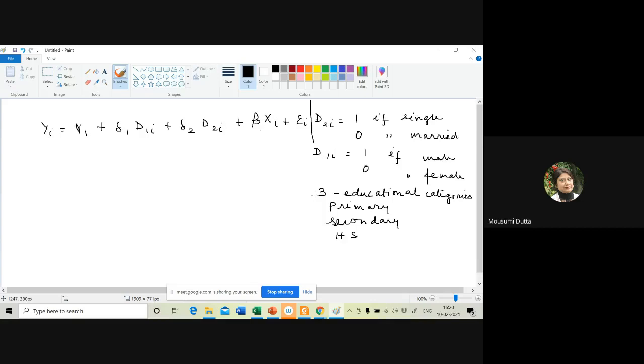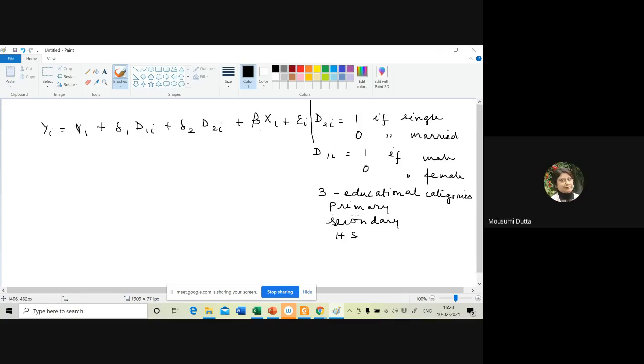Using binary dummies. First of all, for three educational categories, how many dummy variables will we consider? Two. Yes, ma'am, we need to have two dummy variables. Okay, very good.